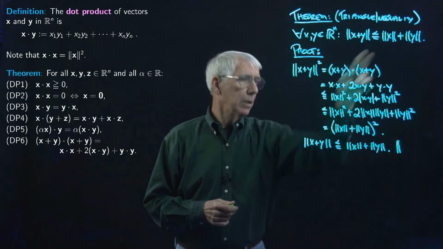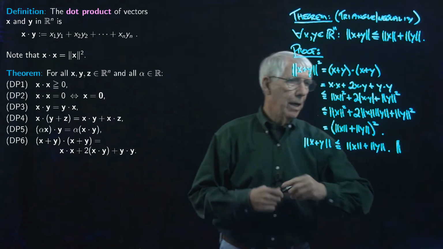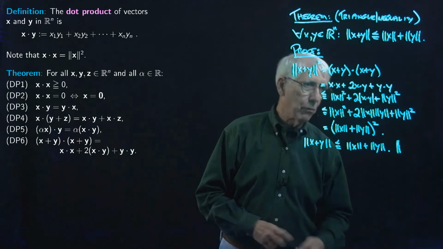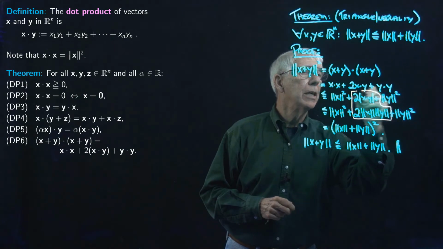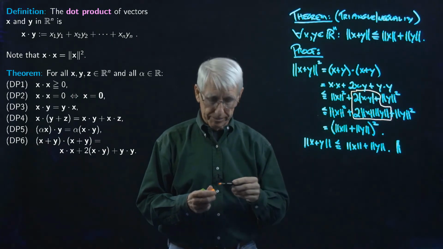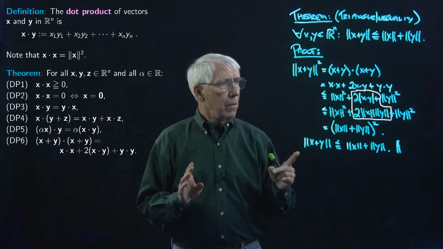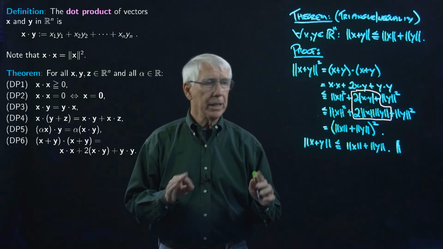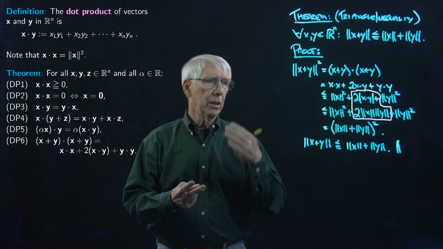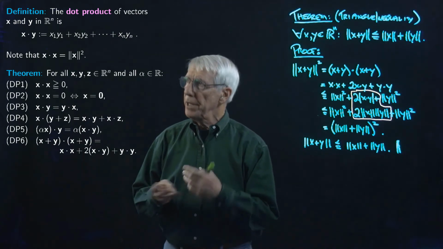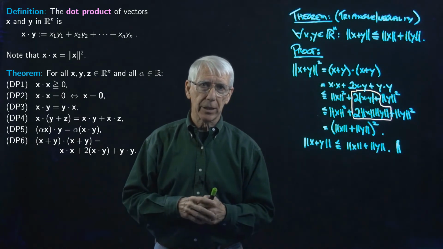Very simple proof, but of course made simple by the fact that we were able to use the Cauchy-Schwarz inequality at this step here. So this gives us a pretty good foundation, I think, on the norm of a vector, the distance between two vectors, the dot product of two vectors, and its relation to the angle between vectors.